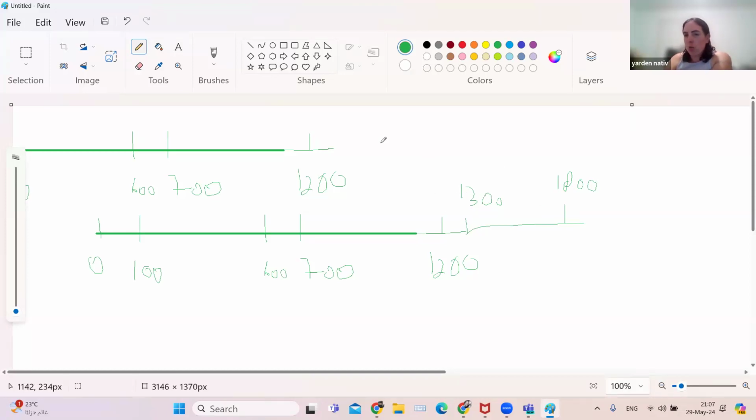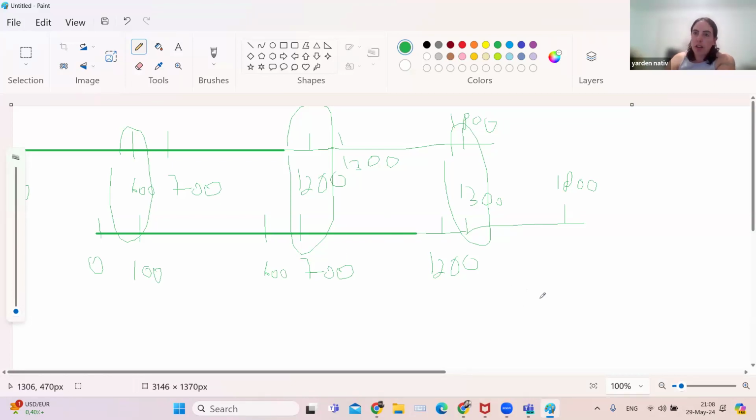When I shift, the 1800 will be here and 1300 will be here. So I can see that within 2 seconds, I have this pair and this pair. So I have 3 pairs within 2 seconds. So within 1 second, I have 1.5 pairs. Therefore, the rate is 1.5.